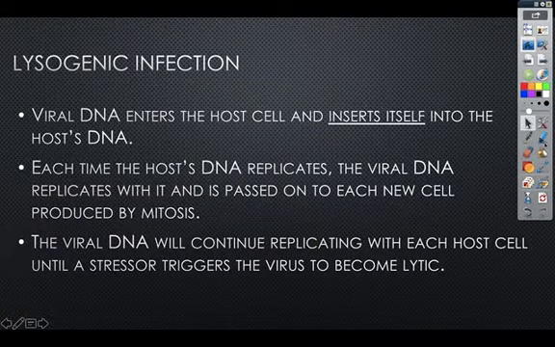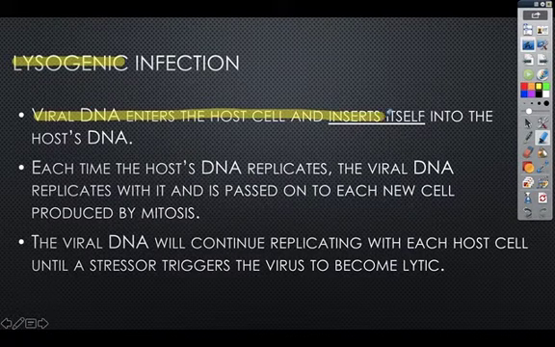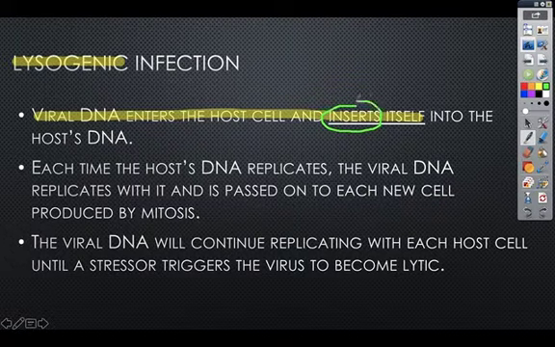Now, a lysogenic infection, okay, this is where the viral DNA enters the host cell and then it inserts itself into the host DNA. So, to me, that's kind of a key word there. It inserts itself. So, it kind of is like a secret agent. It gets in there and kind of lays low for a little while.